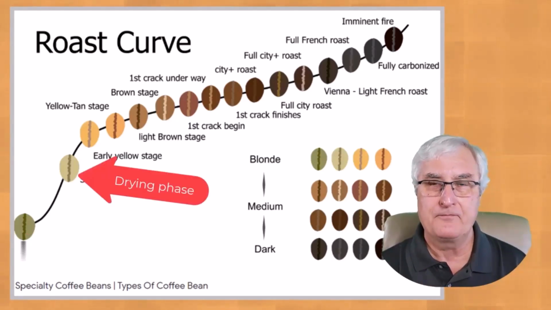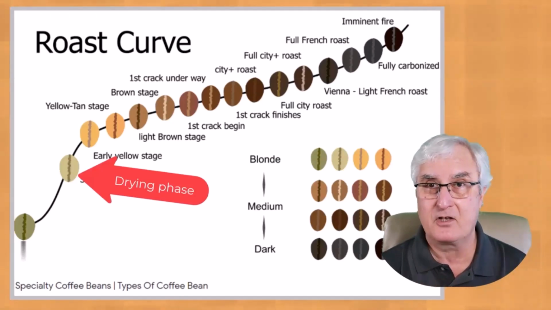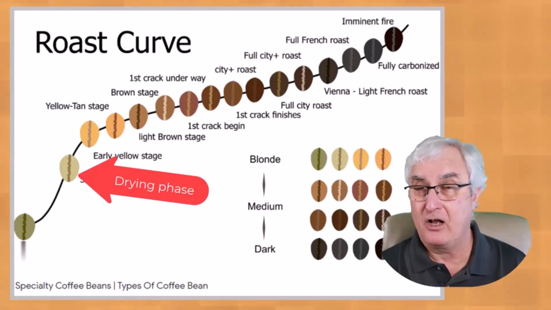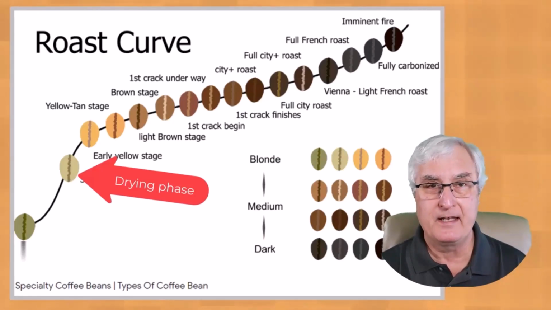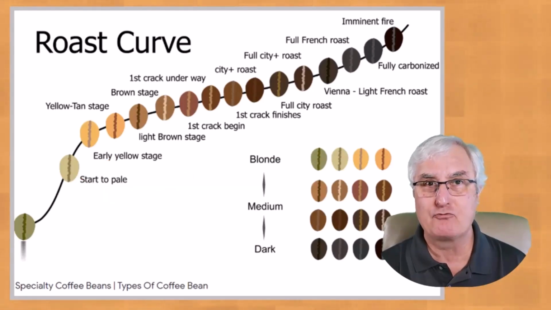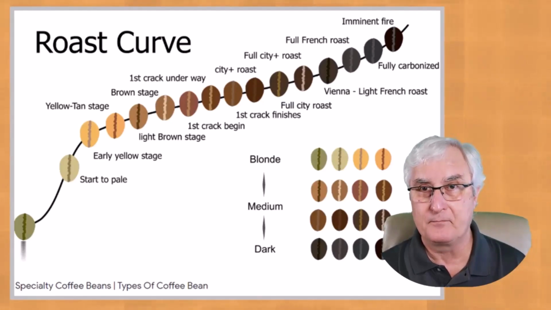Now, the first 4 to 5 minutes when the green beans go in there, the heat source is going to be drying them out. Coffee inherently has moisture in it, so that first period of time is basically a drying reaction, and they go from green to yellow.